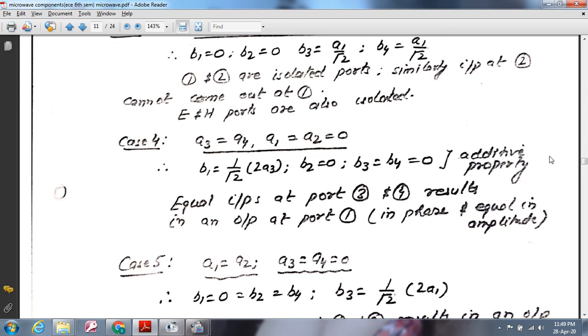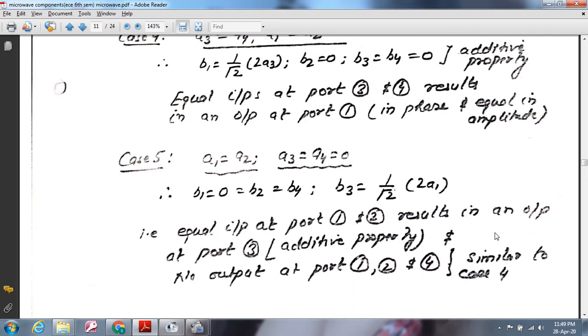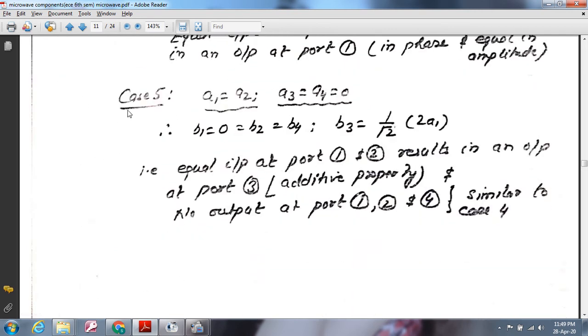This is the additive property. Means equal inputs at port number 3 and 4 result in output at port 1 in phase and equal in amplitude.